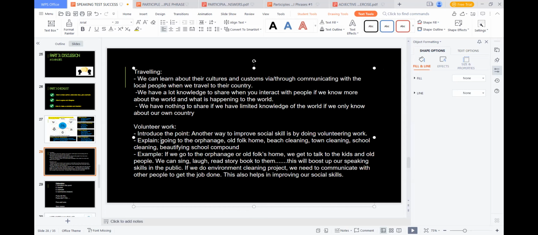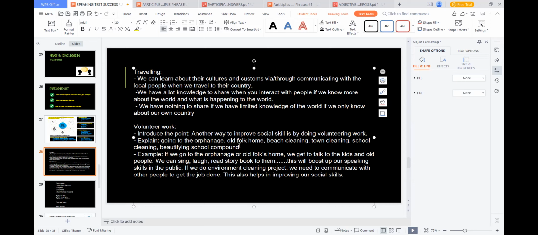So you make sure that your sentence, you can either say we can go to the orphanage, or you can say, for example, like going to the orphanage, old folks home, beach cleaning, town cleaning, school cleaning, beautifying school compounds. All these are called volunteer work.